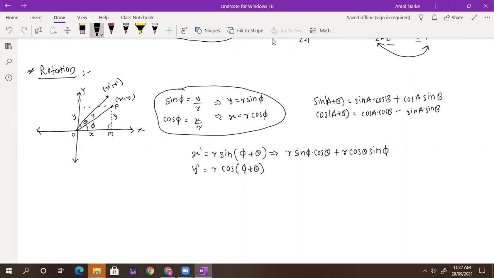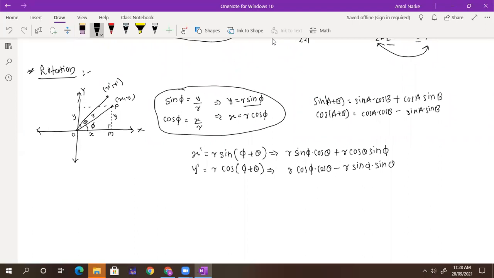And from cos A plus B, I'm getting R cos phi cos theta minus R sine phi sine theta. Yes or no? But what is the value of Y? R sine phi.